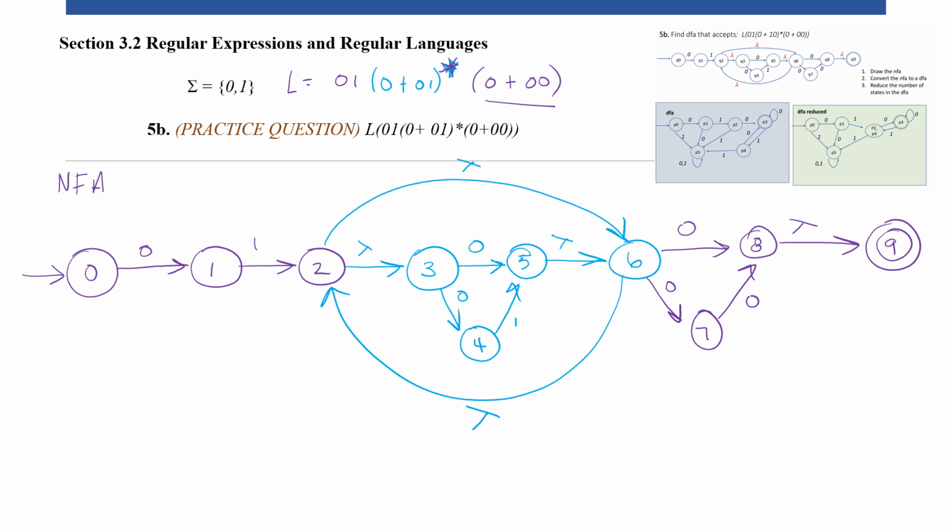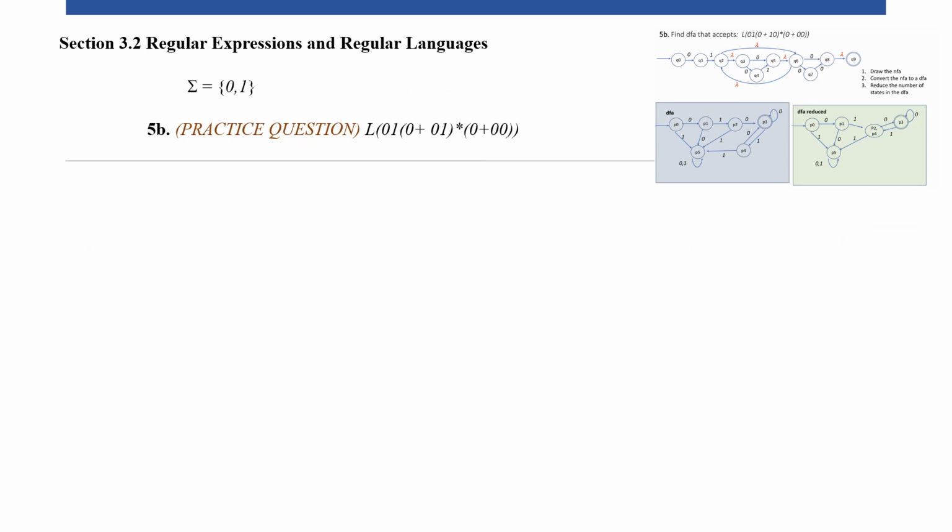It might have been able to be done in fewer states. NFAs are not always going to be exactly the same, but DFAs should be, because DFAs are complete, with every transition for every state. All right, so now let's draw the DFA.